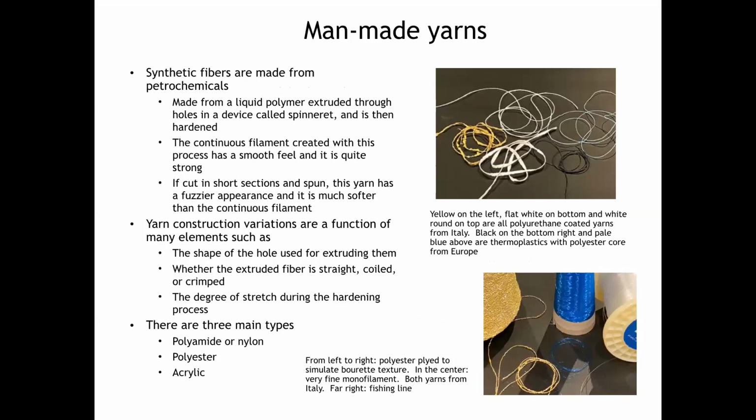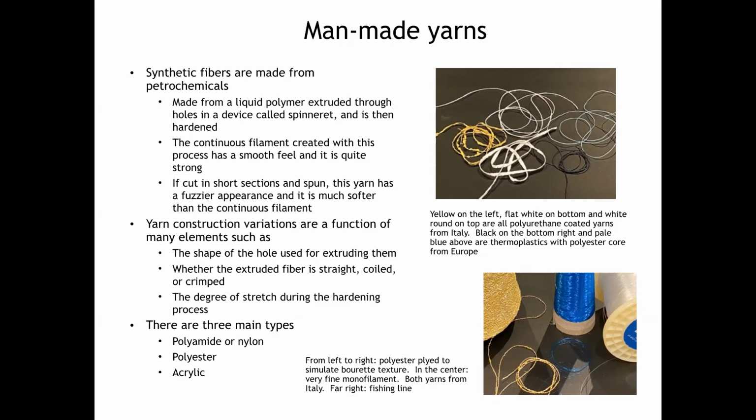Synthetic fibers are typically made from petrochemicals. So they start as a liquid polymer, which is extruded again through a device called a spinneret, similarly to what you would do when making rayon.